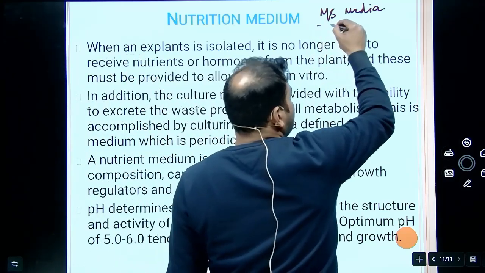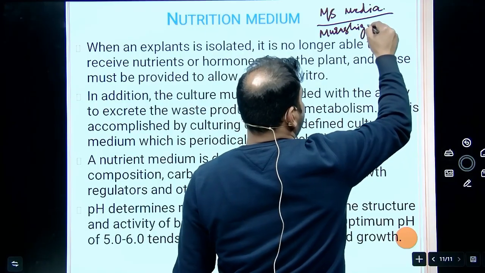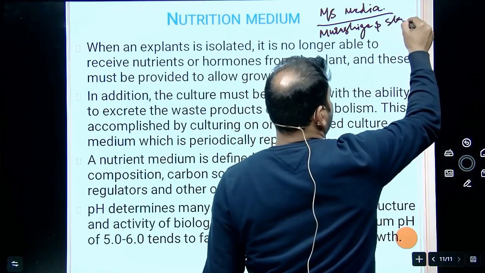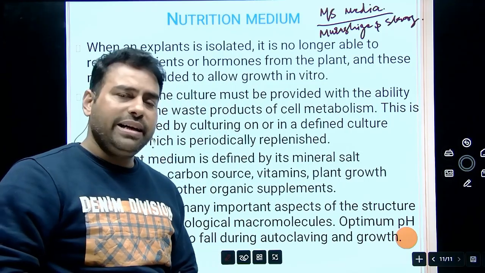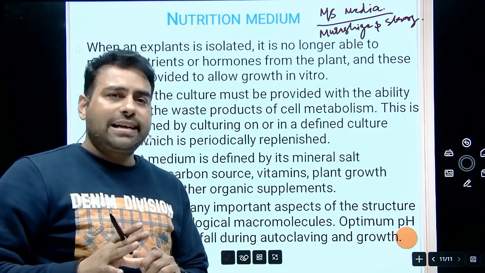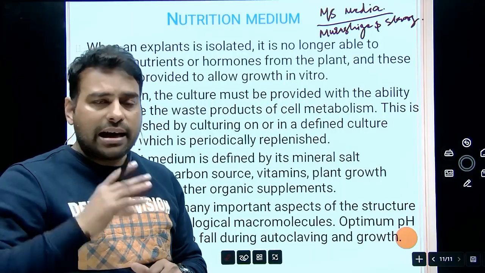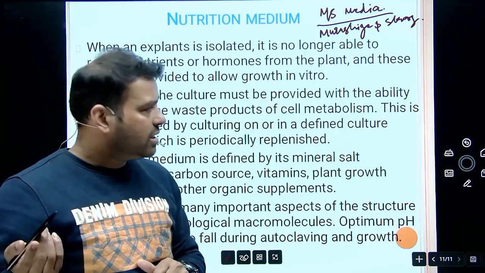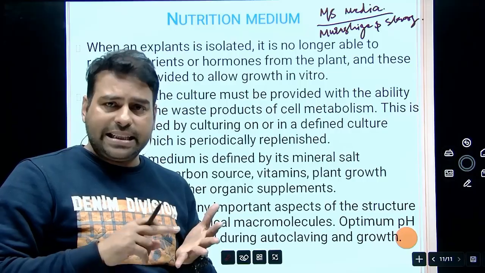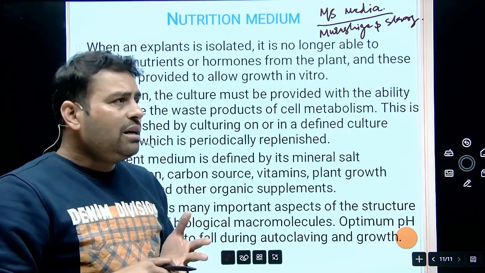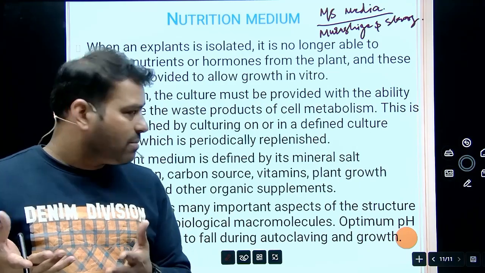MS media was formulated by Murashige and Skoog, two scientists. In 95% of tissue culture experiments we use MS media with altered concentrations of the other components. Other media include B5 media, N6 media, and Gamborg media, and these can be used according to the requirement.